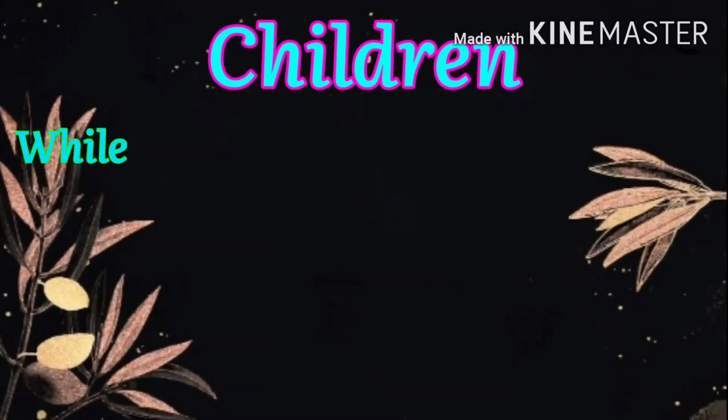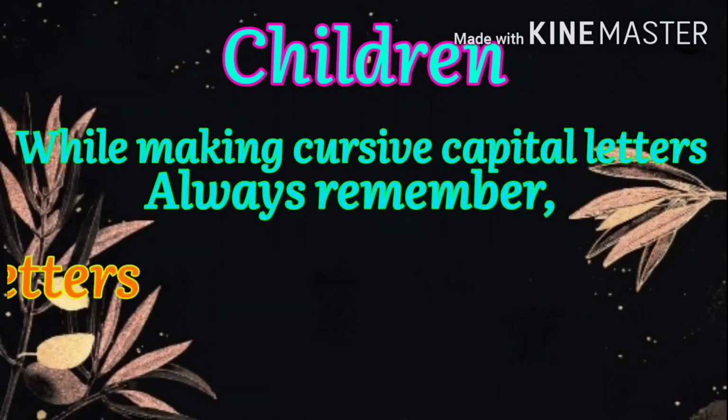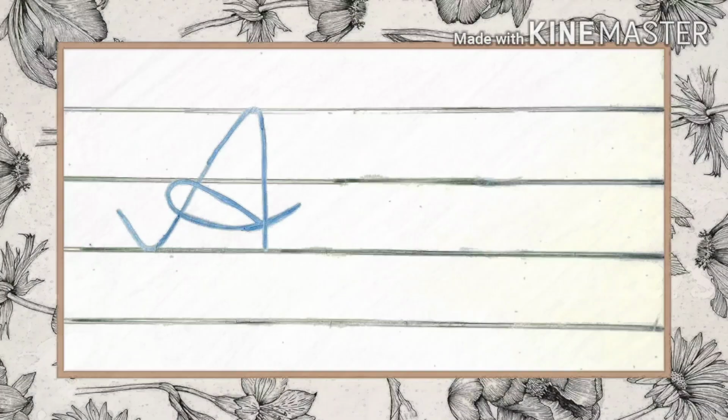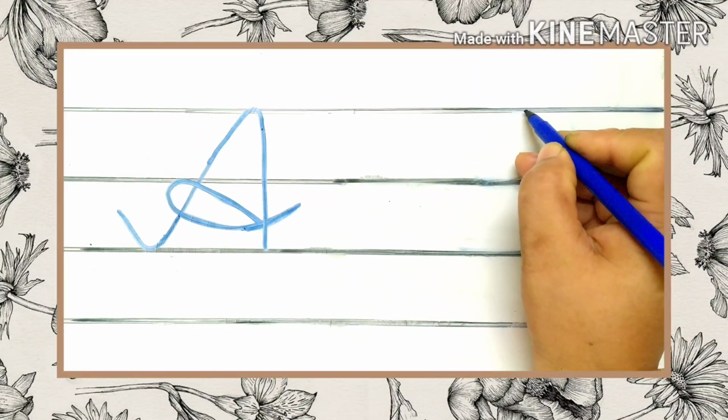Children, while making cursive capital letters, always remember the formation of the letters should be slant. Next letter is B. Put your pencil on the top line.